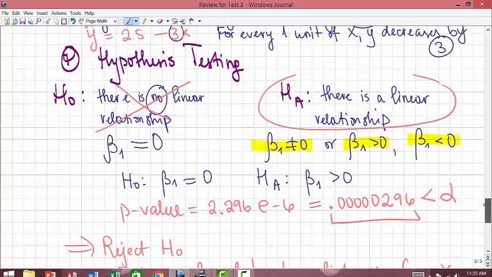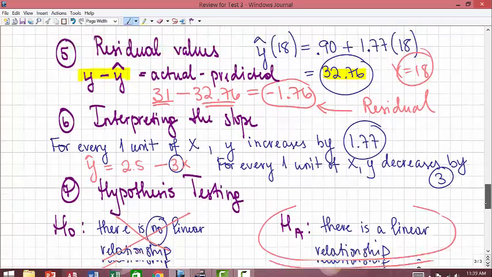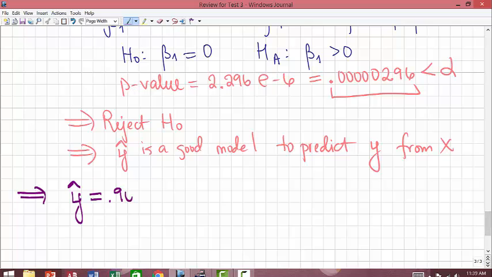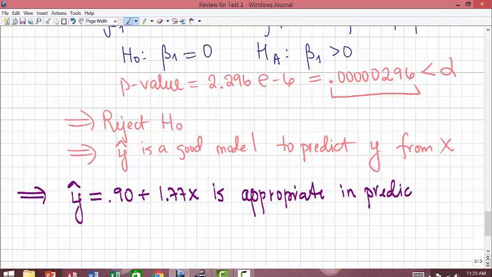What was it? 0.9 plus 1.77x is appropriate in predicting y.